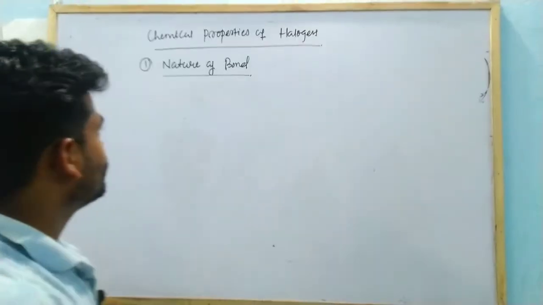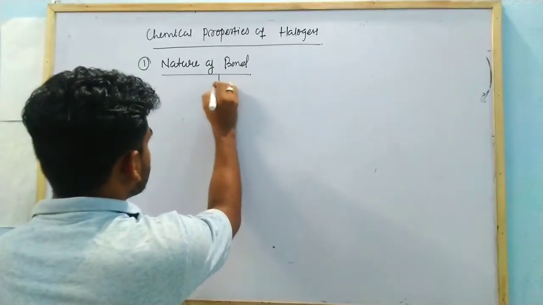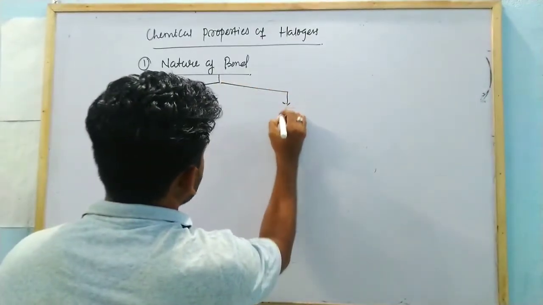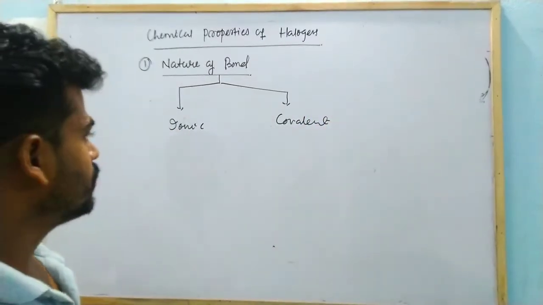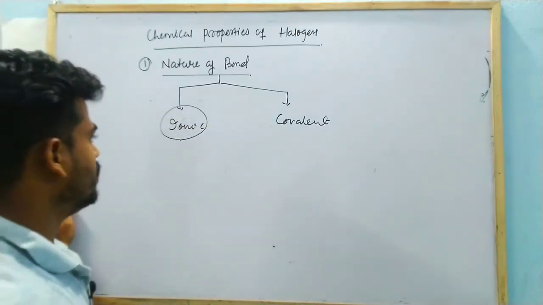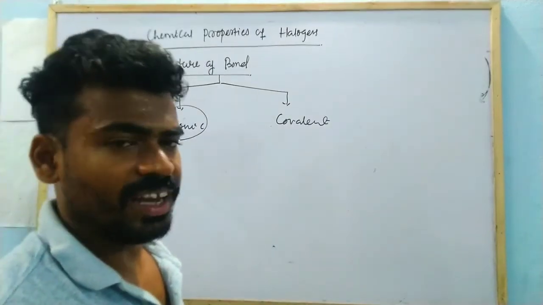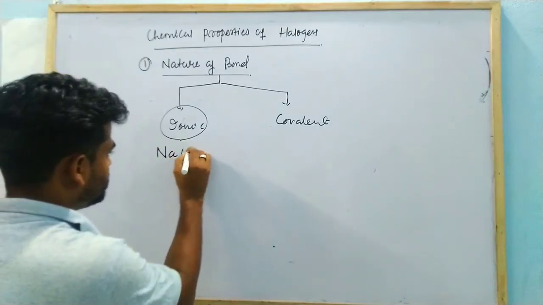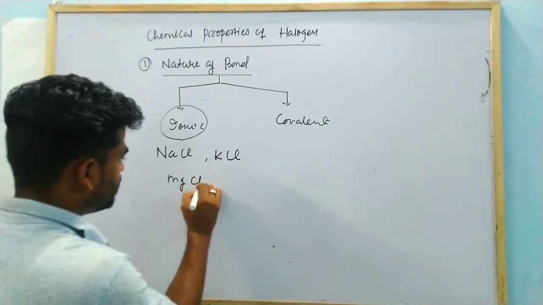Regarding the nature of bond, this bond can be ionic or it can be covalent. Ionic, in the sense that whenever a halogen atom is attached to a highly electropositive metal, let's say NaCl or KCl or MgCl2.